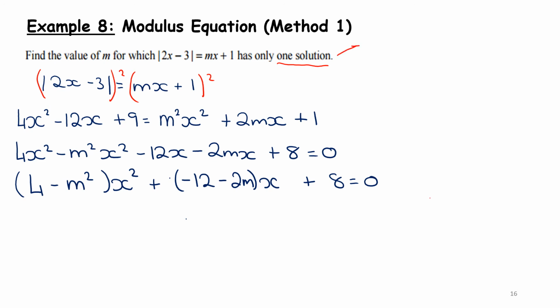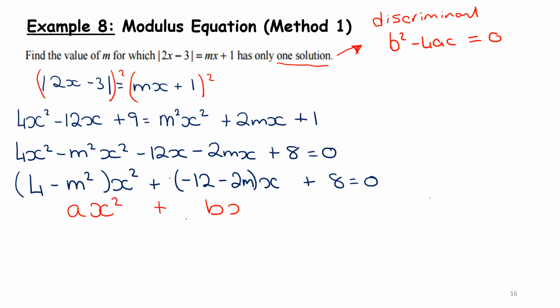Because we've only got one solution, we're basically saying there'll only be one answer to this quadratic. So the easiest way to work with that is the discriminant. And we're saying that the discriminant, b squared minus 4ac, will show that it only has one solution, so it will be equal to 0. So I'm going to write this as my quadratic ax squared plus bx plus c equals 0.